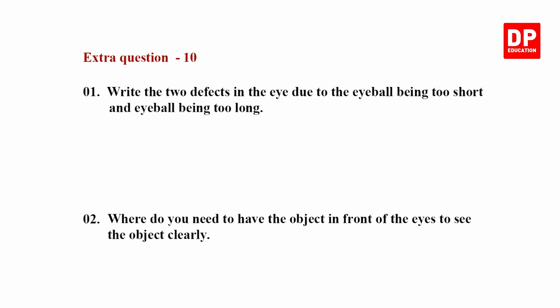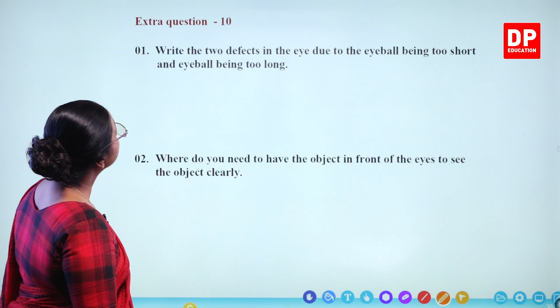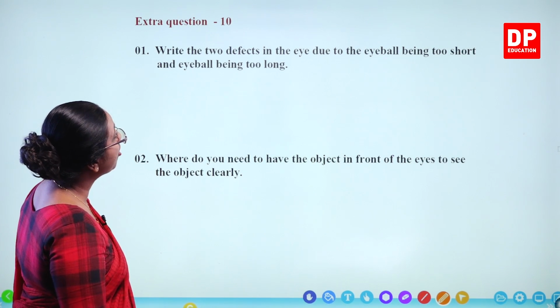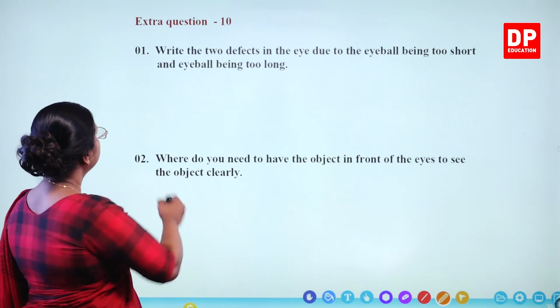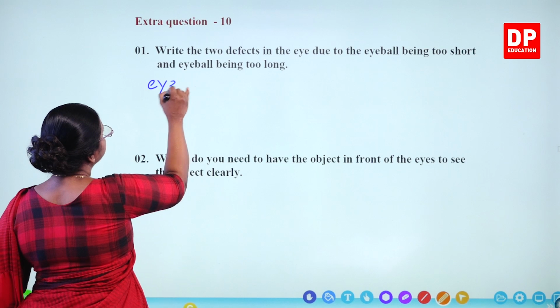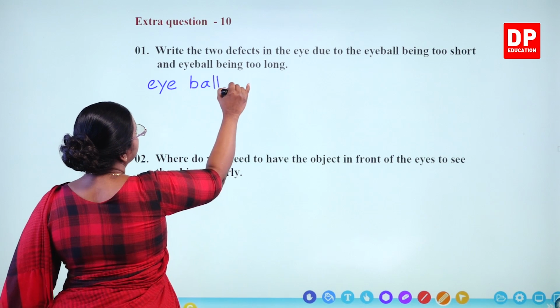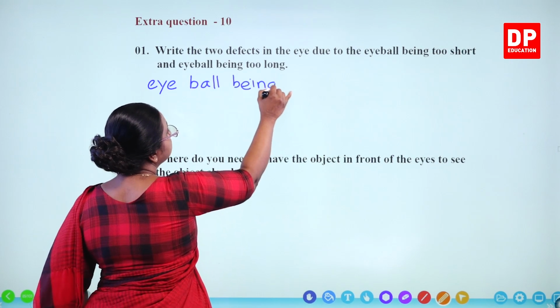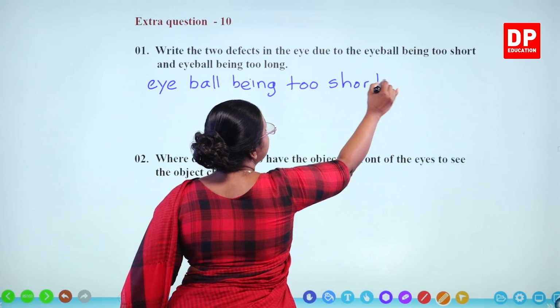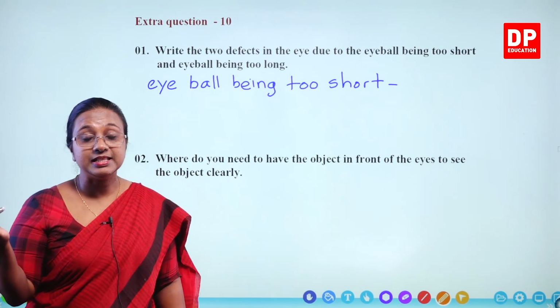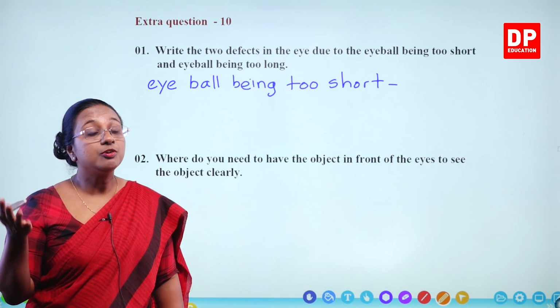Extra question 10. Write the two defects in the eye due to the eyeball being too short and the eyeball being too long. So if the eyeball is too short, then the image will form behind the retina for close objects.